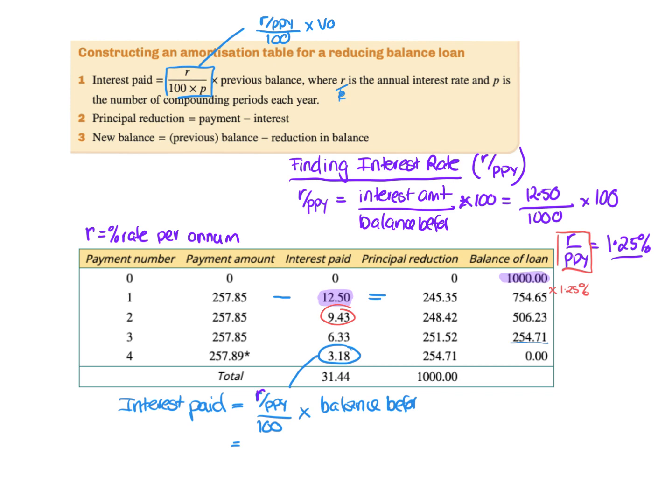Now, because we know that rate over PPY, I can show you how this interest, this 3.18, was calculated. We know rate over PPY was 1.25, and I divide it by 100 and times it by the balance before, which was 254.71, and that's how I got $3.18.